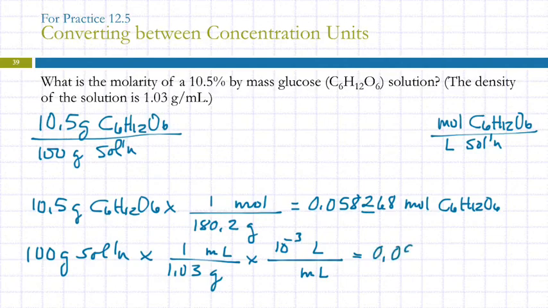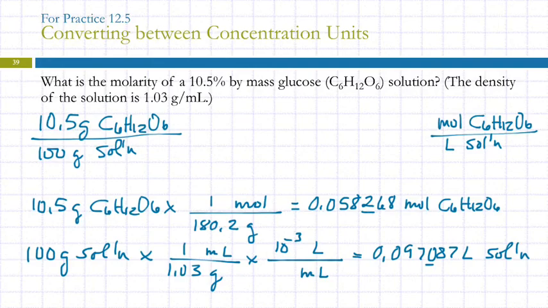So that'll be 0.97087 liters of solution. This 100 grams is considered exact. The sig figs come in the 10.5. But my density here of 1.03 limits this result to 3 sig figs.